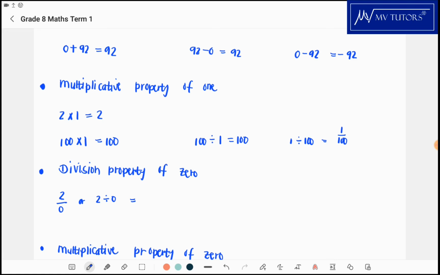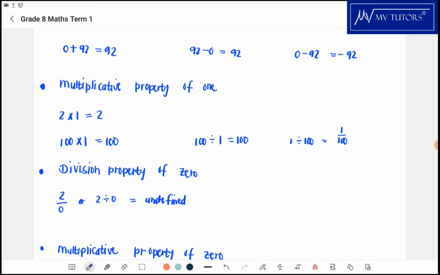In varsity, you learn that the answer is actually infinity, but in school, you will learn that it's actually undefined. And if you actually put this in your calculator, you will get a math error. Okay, so any number divided by 0 is undefined. If you put it in your calculator, you will get a math error. Why is it such an error? It's an error because that number is so big, we cannot define it.